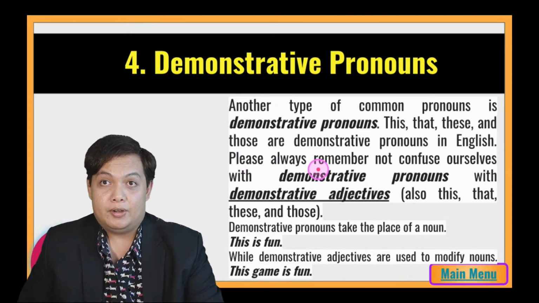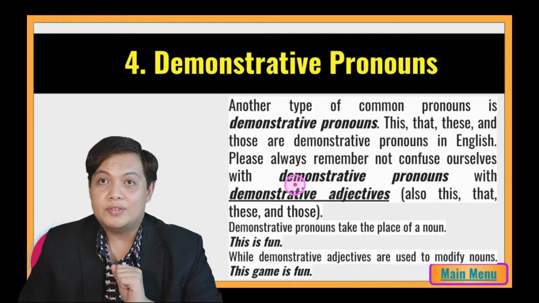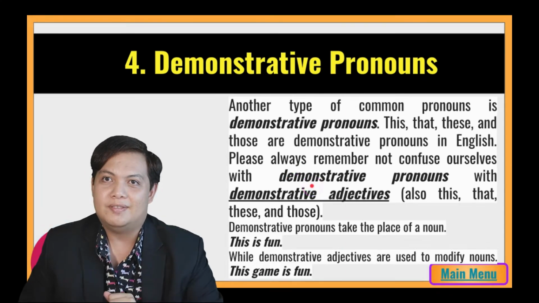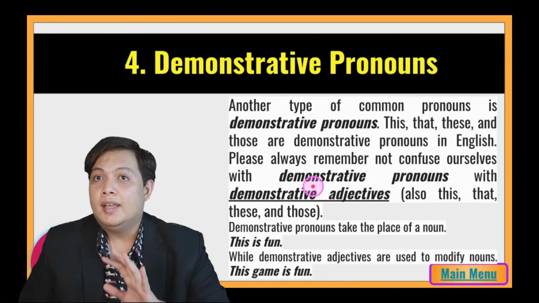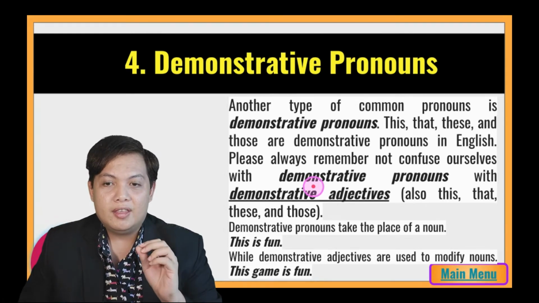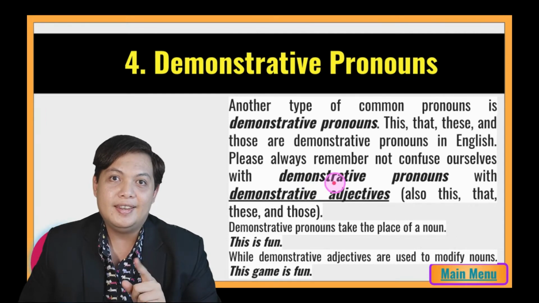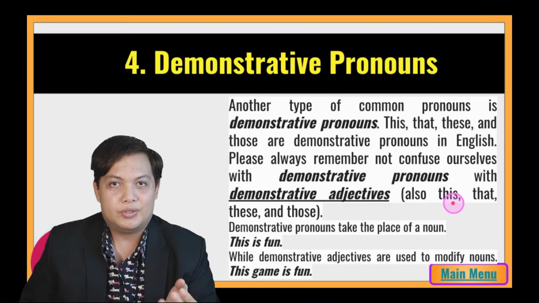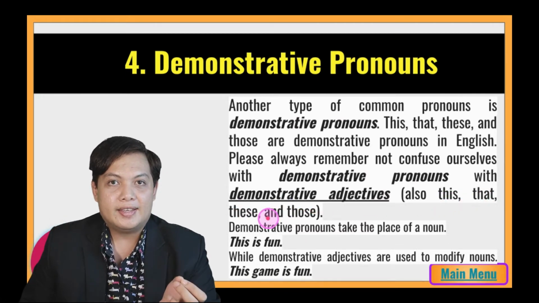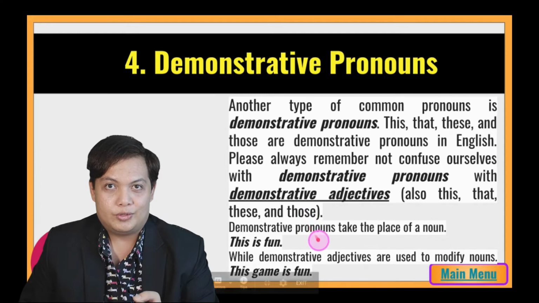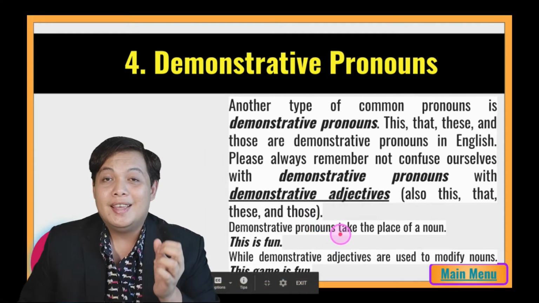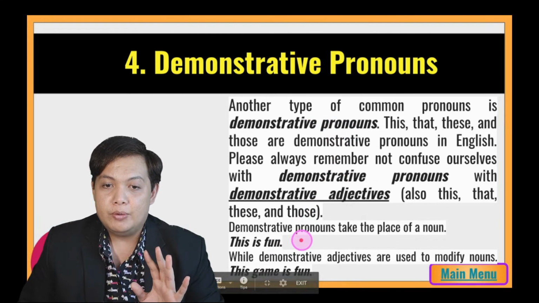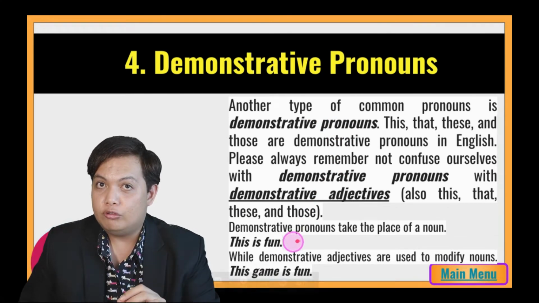Please always remember not to confuse demonstrative pronouns with demonstrative adjectives, because for demonstrative adjectives we also have this, that, these, and those. Demonstrative pronouns take the place of a noun.